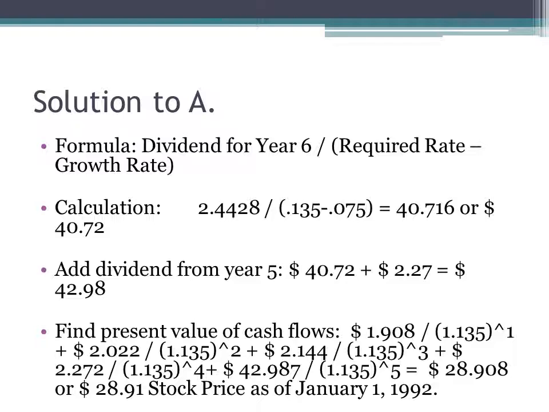We divide the dividend by the required rate minus the growth rate, which gives us a value of $40.72. We also add the dividend for the last year and end up with a value of $42.98. Lastly, we find the present value of the cash flows. We end up getting $28.91 as the stock price as of January 1st, 1992.